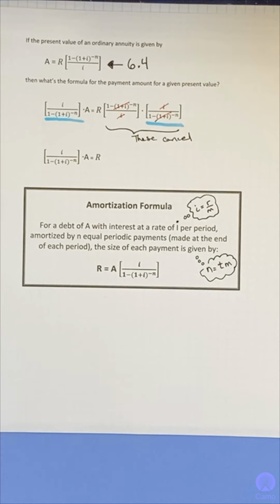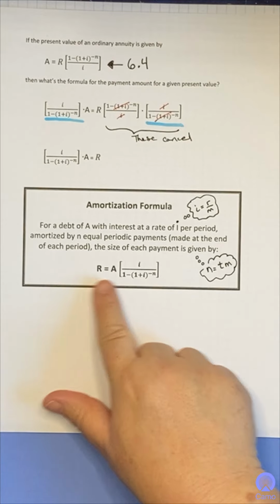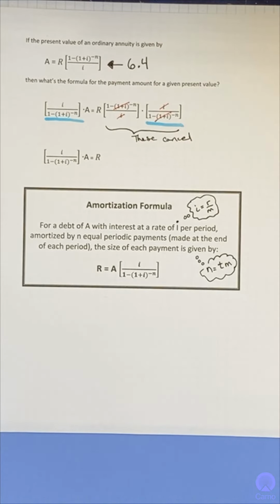And I will say that I did once use this when I bought my very first car. I already knew this formula, and I bought a little tiny blue Tercel back in the 90s, the 1790s. And when we went in to get the loan, they told us what our monthly payment would be.